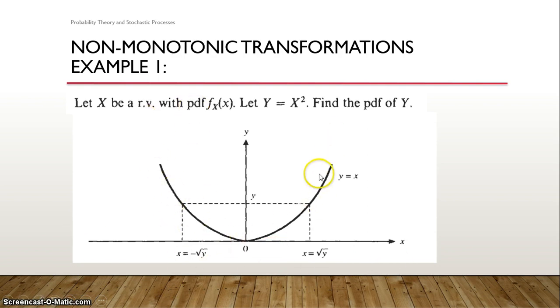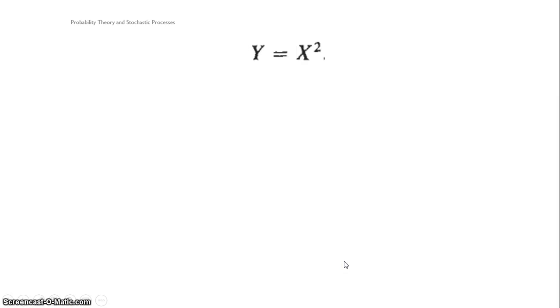When y is equal to x square, x can be written as plus root y or minus root y. So your bound is nothing but minus root y to plus root y. You can substitute that and calculate the density function.